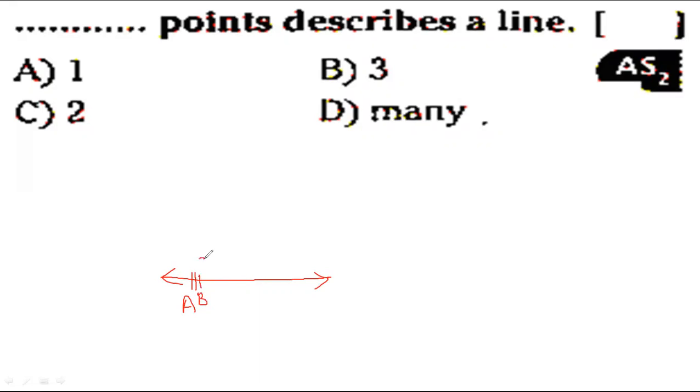Just beside it, another point C. Just beside it, another point D. Like this, how many points can I get on a line? Answer is many. So option D is correct.